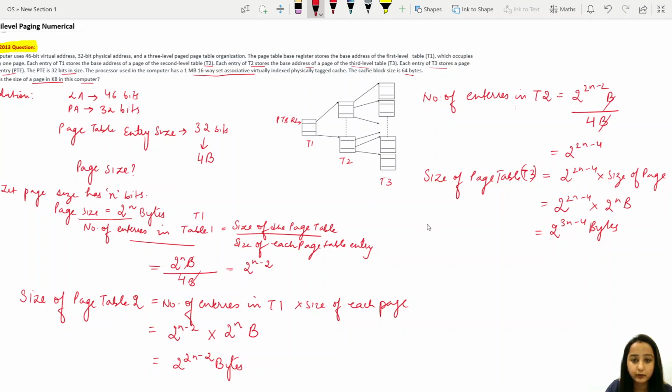Now we have to see what the logical address is, that is 46 bits. It's given. So the logical address space will be 2 raised to power 46 bytes.